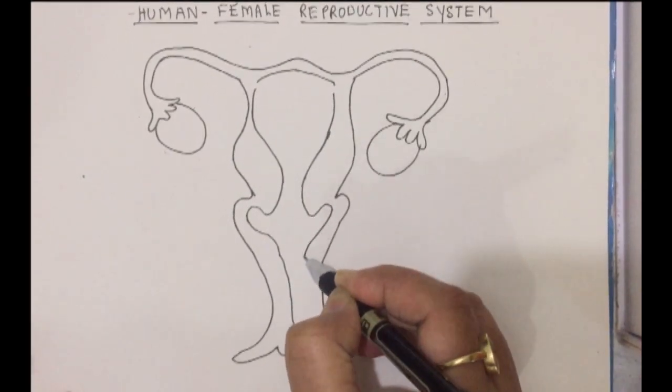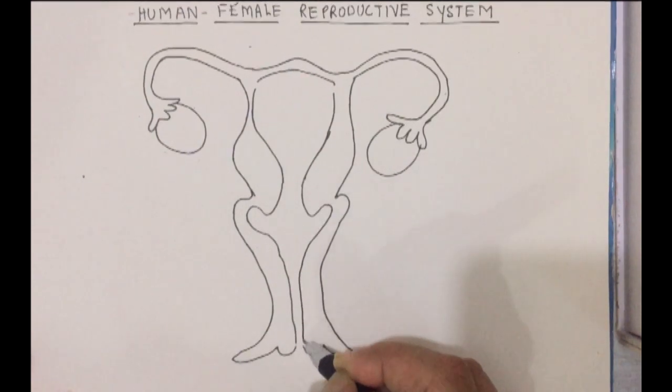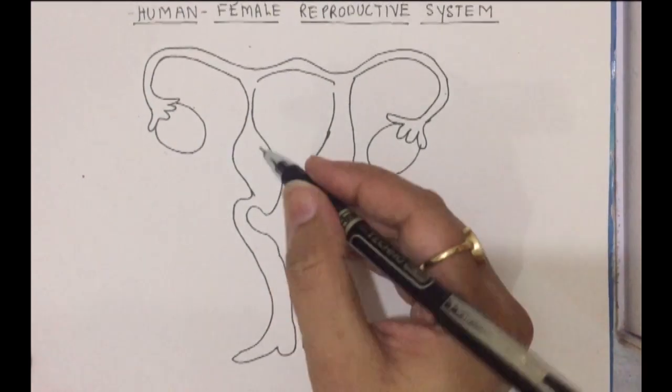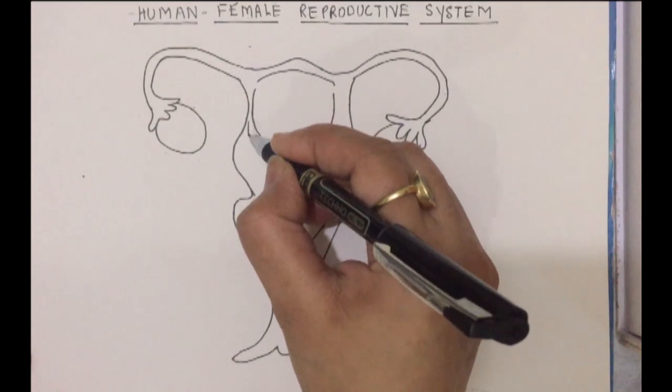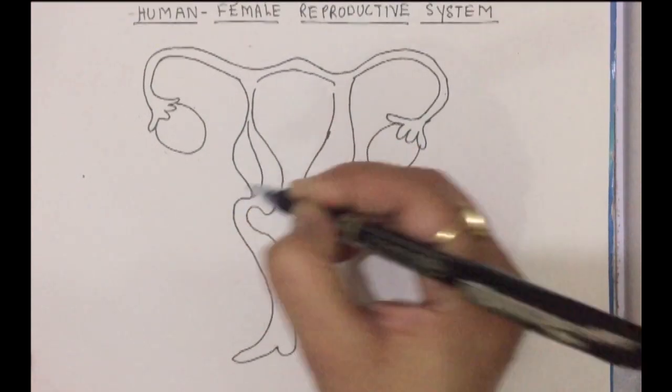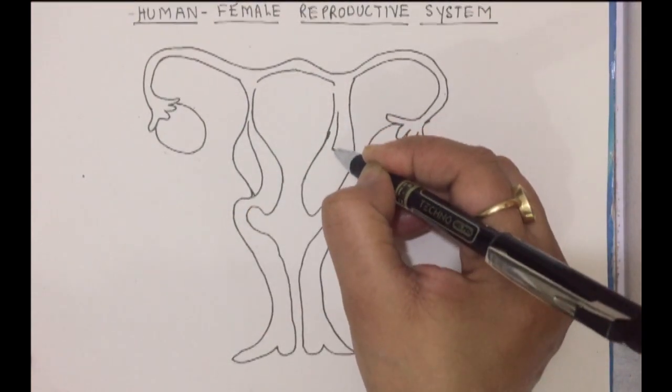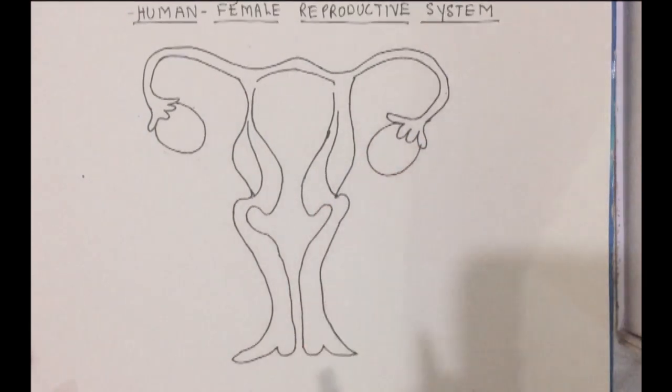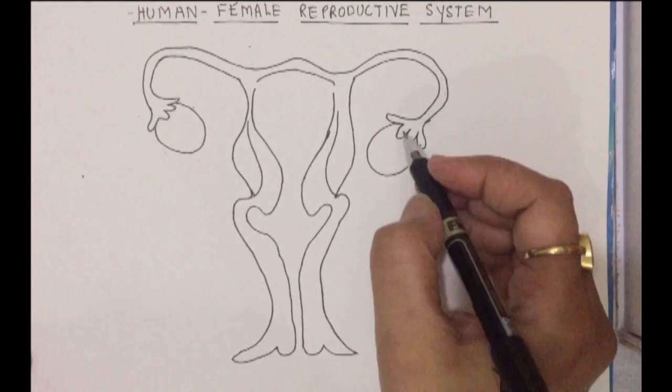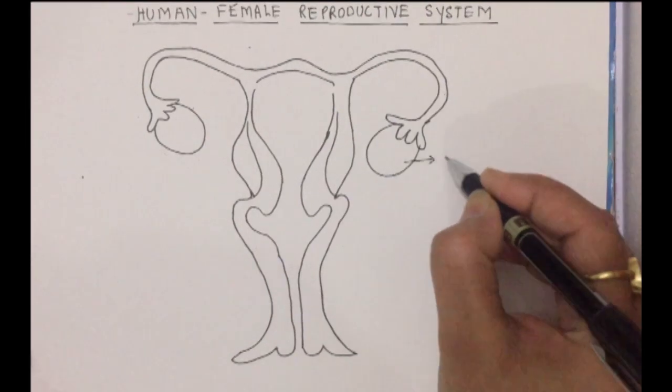Like this, and you are going to join this. You can have it like this, try it like this. Okay, now these are the ovaries.